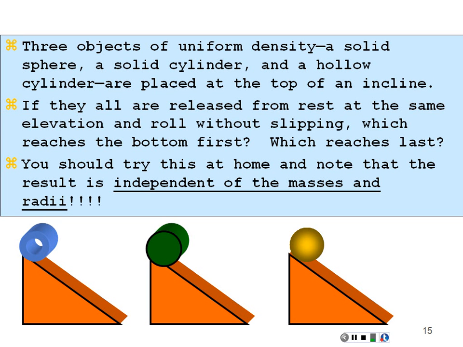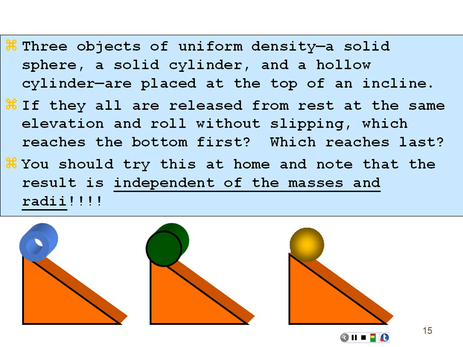So, here's our incline, here's our hoop and our cylinder. And as you look at it, maybe the cylinder looks like it's starting out a little bit ahead of the hoop. That's just from your close perspective.